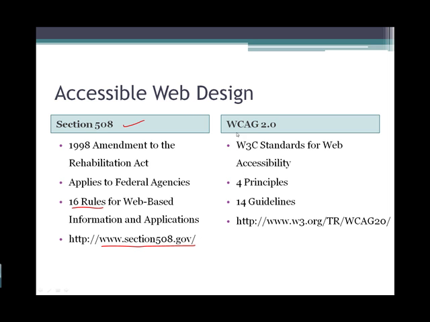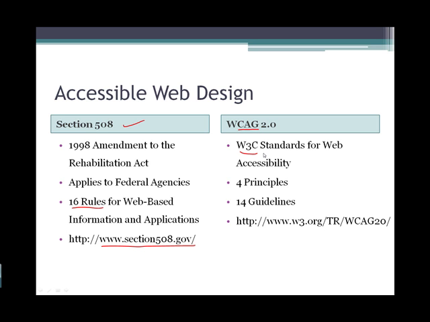Now, we also have the WCAG. This is the Worldwide Web Consortium Standards for Web Accessibility. Now, the W3C provides all kinds of standards for things on the web. They provide the standards for HTML, XHTML, CSS, and more.